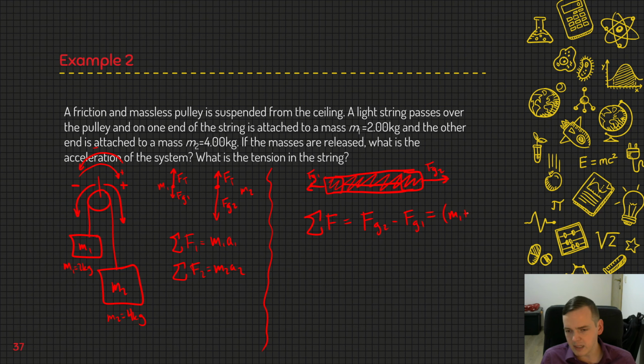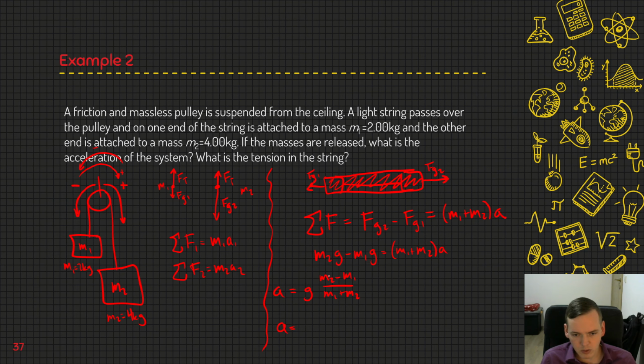It's the total mass, M1 plus M2, because it's the mass of the entire system, times the acceleration of the system. So A right there. That gives us M2G minus M1G equals M1 plus M2 times A. That means our A equals G times M2 minus M1 over M1 plus M2.